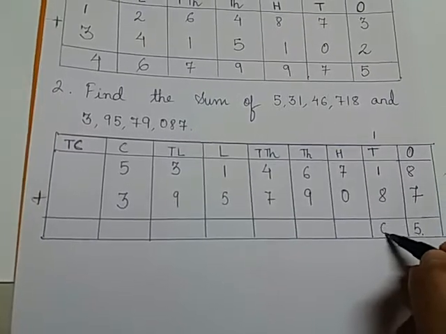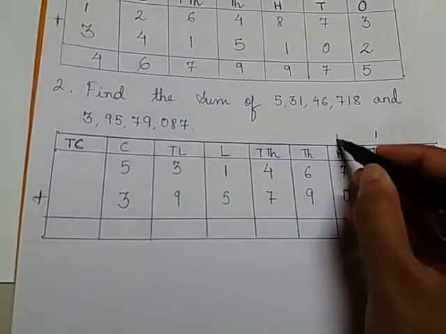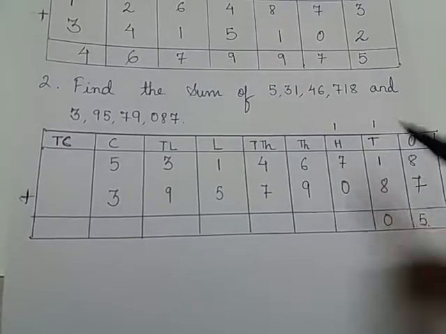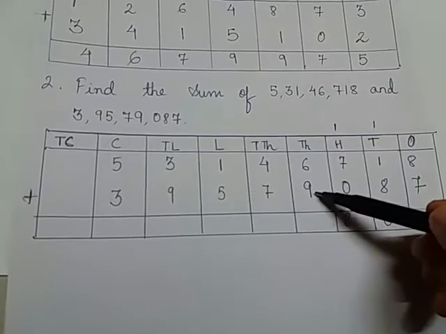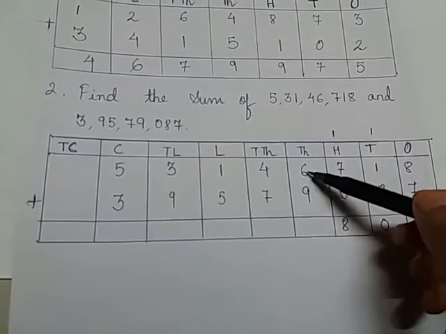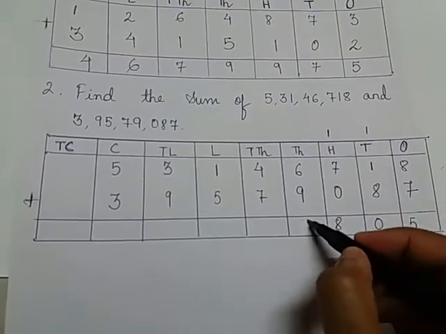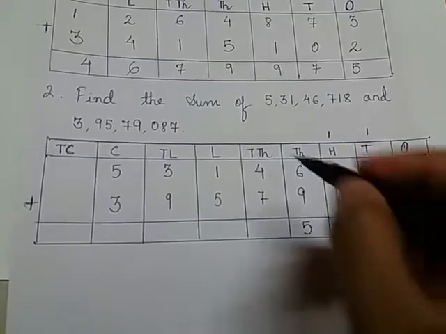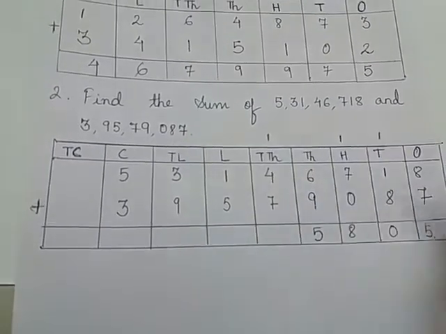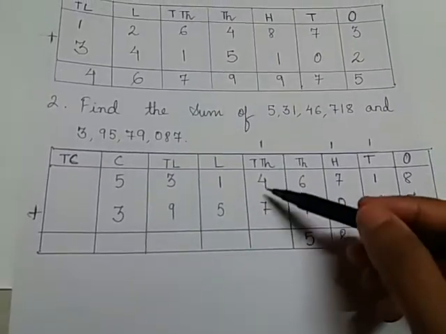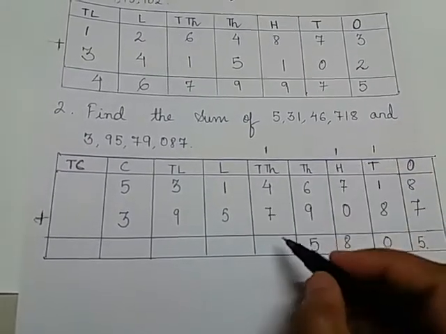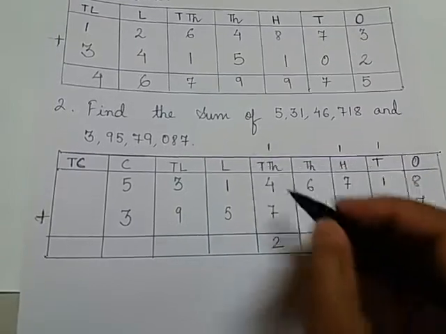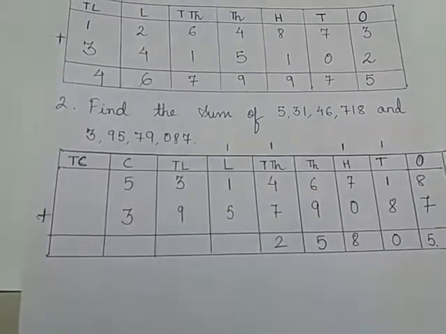We will put 0 here and we will take 1 as the carryover. 7 plus 1 is 8. Now let's come to the thousand place. 9 plus 6 is 15. We will put only 5 here. 1 we will take as carry on. 7 plus 4 is 11. 11 plus 1 is 12. We will put 2 here. We will take 1 as a carry on.